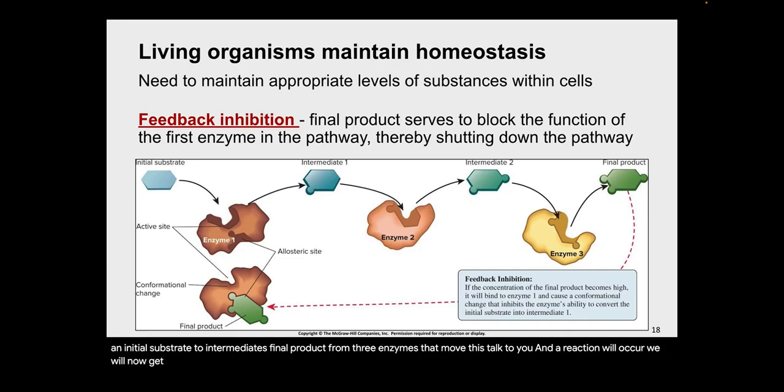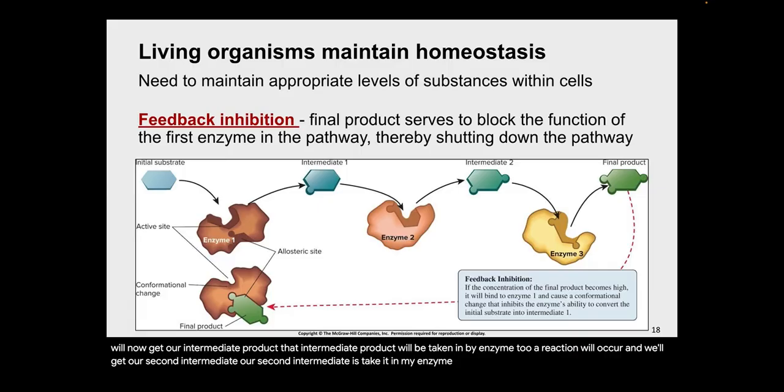We will now get our intermediate product. That intermediate product will be taken in by enzyme 2. A reaction will occur, and we'll get our second intermediate. Our second intermediate is taken in by enzyme 3. A reaction occurs. We get our final product.